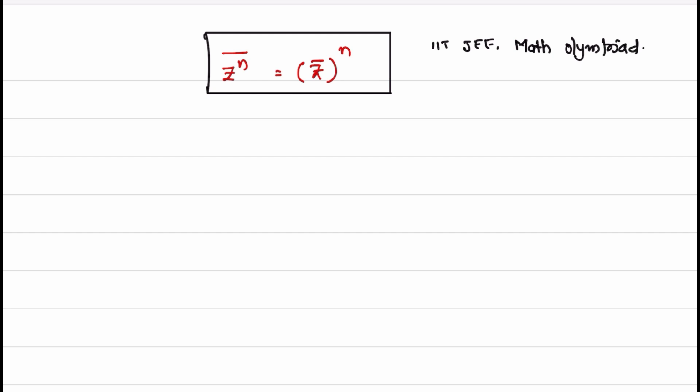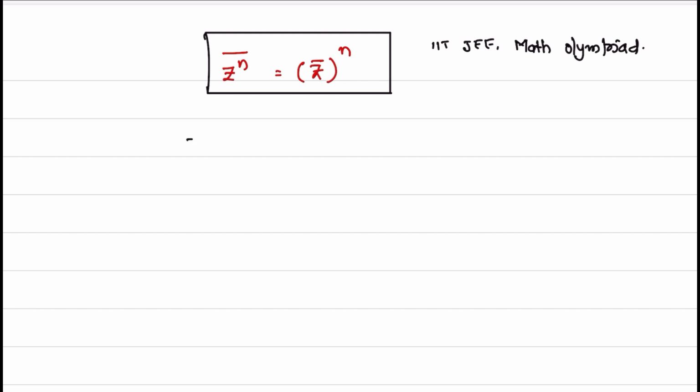Ultimately, our conclusion is that a complex number when powered to n and the conjugate of that powered complex number is equal to the conjugate of the original complex number to the power of n. This is a very important derivation, and from the given complex number we can easily find out z bar.